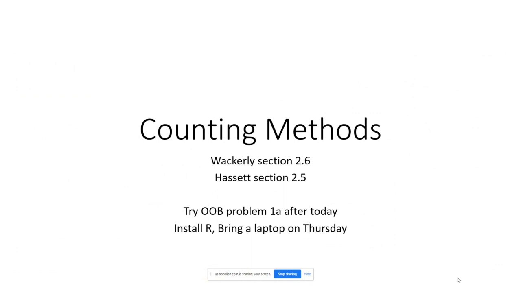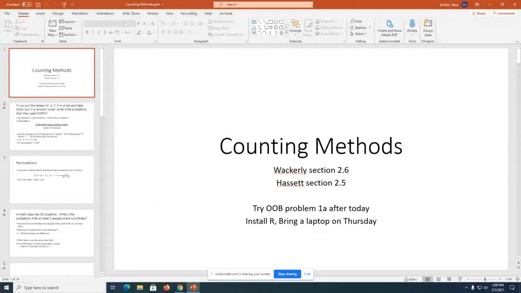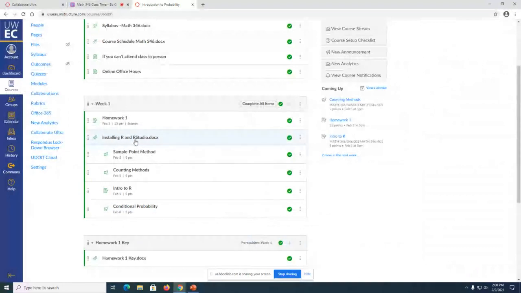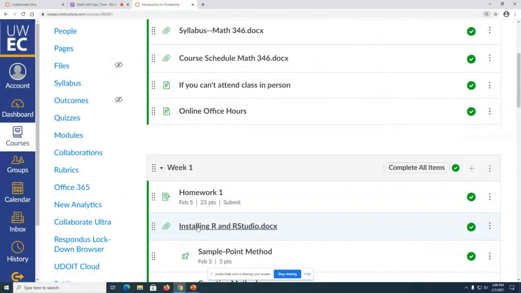So you can help out with this by following the instructions in the Installing R and RStudio document that's here on Canvas. R is free, it's open source, so you can install it on your laptop. You can also get to it through the virtual lab, but personally, I think it's easier to just have it directly on your laptop.